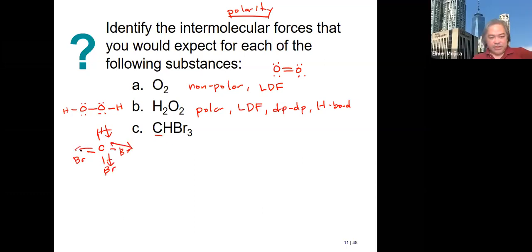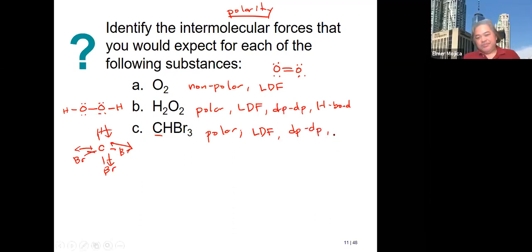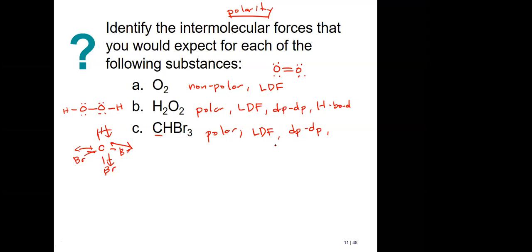So there's what we call a net dipole moment. So that's polar. So what do you have? You have LDF. Do you have dipole-dipole? Yes. Do you have H bond? No. No H bond. We only have LDF and dipole-dipole.